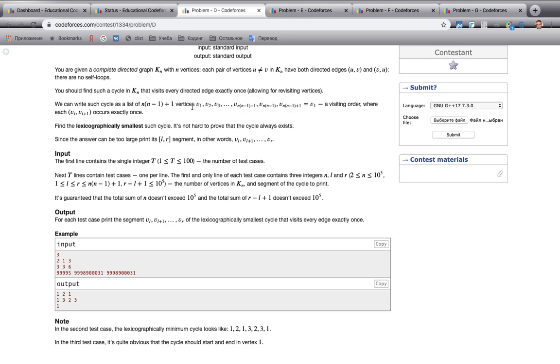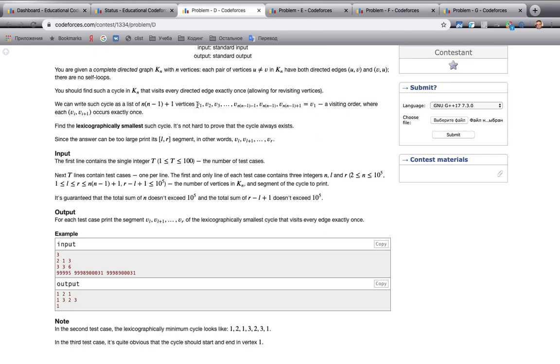So if we have some fixed prefix of answer and we are thinking about what to do next, we have to go to such a vertex that we have this edge, we can end the cycle, and this vertex is minimal possible, the next one.